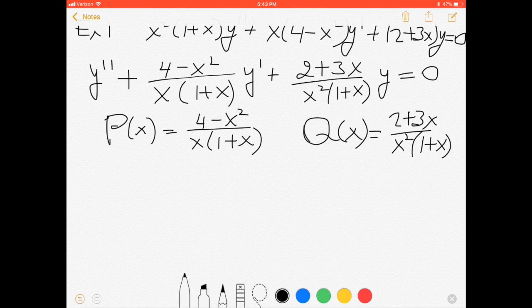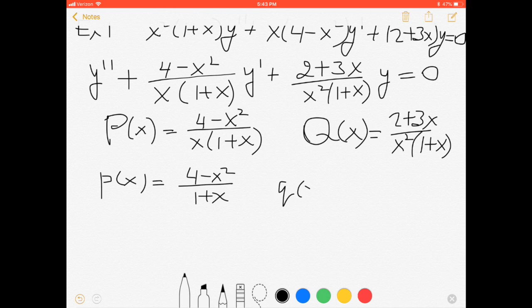You can easily see that both of these functions are not analytic at x equals 0. This means x equals 0 is a singular point. But what will the small function p(x) be? It will be (4 minus x squared) over (1 plus x).